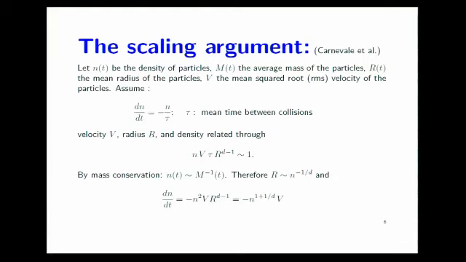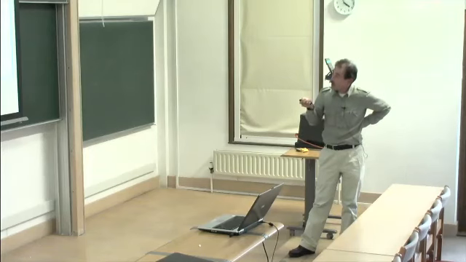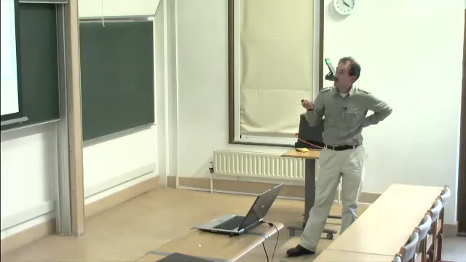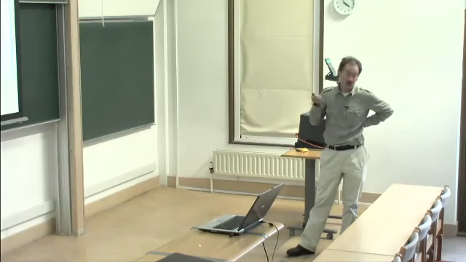They give a very general scaling argument in order to give a power law for the behavior of that density of particles. The argument is very rough. It's essentially a dimensional argument. I don't think I will give it in detail. They start by assuming that the density of particles is going to decrease following that law, where tau is a mean time between collisions.